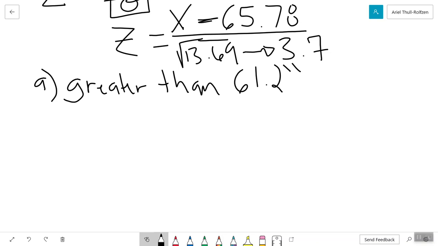But I want you guys to get in the habit of using the greater than or less than signs. So here I can translate this into X is greater than 61.2 inches.